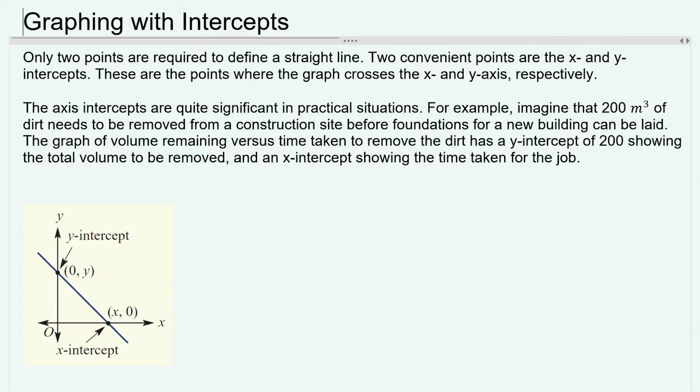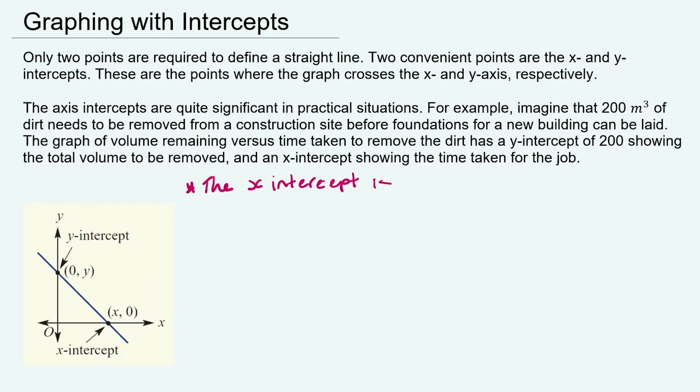Now the x-intercept is where the line crosses the x-axis.